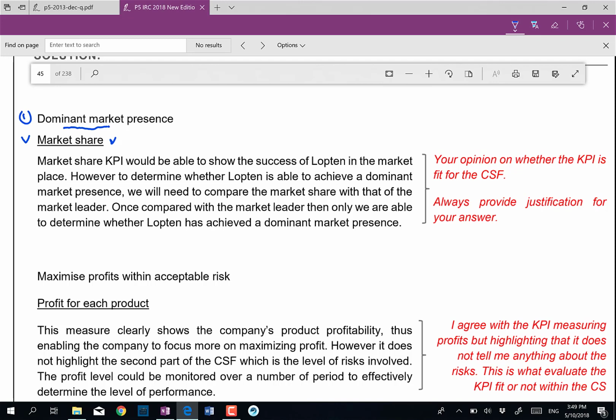Market share would be able to show the success of Lopten in the marketplace, but whether you are dominant or not is only able to be assessed if we have the market shares of our competitor. So to determine whether Lopten is able to achieve a dominant market presence, we need to compare the market share with that of the market leader. So if we know who is the market leader, where we are compared to the market leader, then we will know whether we are dominant or not dominant.